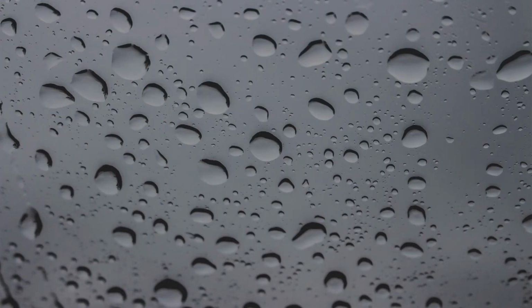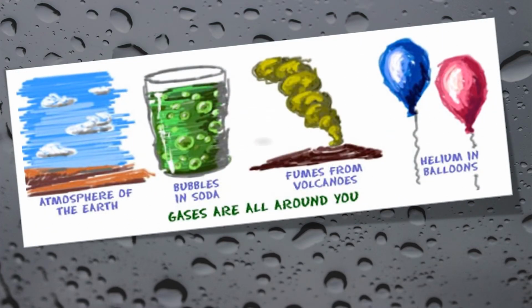These are some examples of gas. Atmosphere of the Earth. Bubbles in soda drinks. Fumes from volcanoes. And helium in balloons. Gases are all around you. Just need to observe and look around.